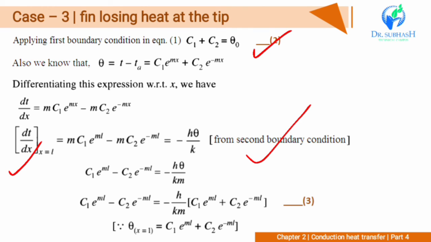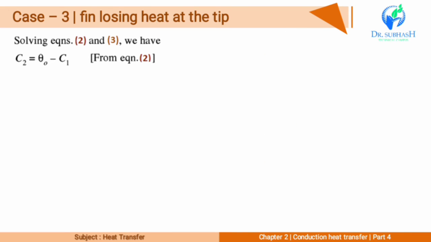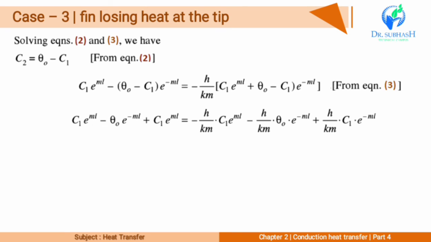Putting this value of theta, we get C1 e raised to mL minus C2 e raised to minus mL is equal to minus h by km into C1 e raised to mL plus C2 e raised to minus mL, so equation number 3. Solving equation number 2 and 3, we have C2 is equal to theta 0 minus C1 from equation number 2.